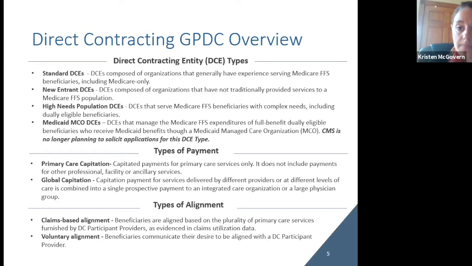So the 3 types of DCEs, direct contracting entities, that are out there today being tested include the standard DCE, which would be your traditional Medicare fee-for-service provider that has experience in the Medicare fee-for-service market.